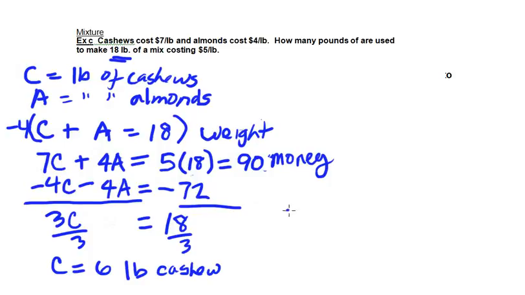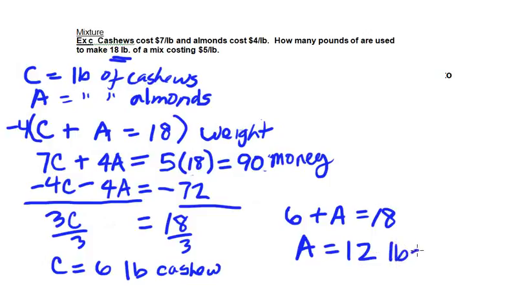We have C plus A, so that's 6 plus A is equal to 18, and then when we subtract 6 from both sides, we get that A is equal to a positive 12 pounds, and that's how many pounds of almonds we have. And this time I will leave the checking for you.